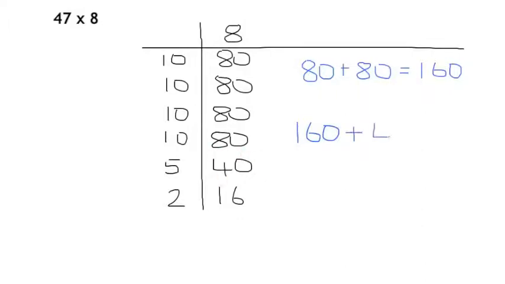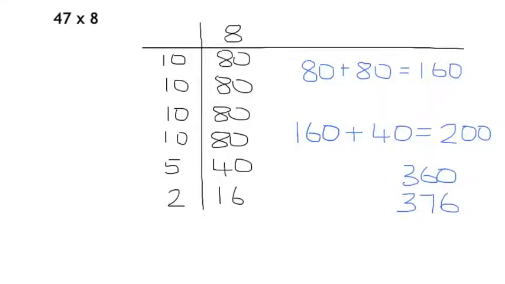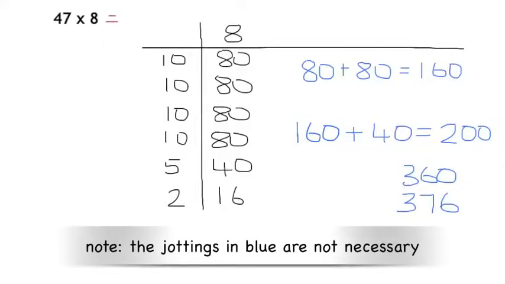Add on 40 equals 200. 200 plus 160 equals 360. Finally, add 16, which gives me 376. The answer for 47 multiplied by 8 is 376.